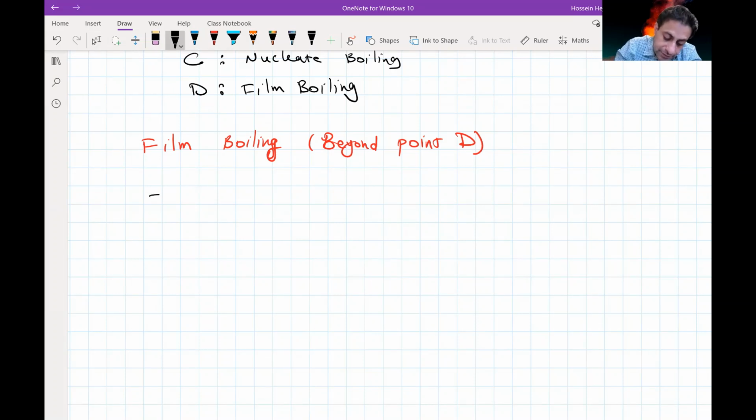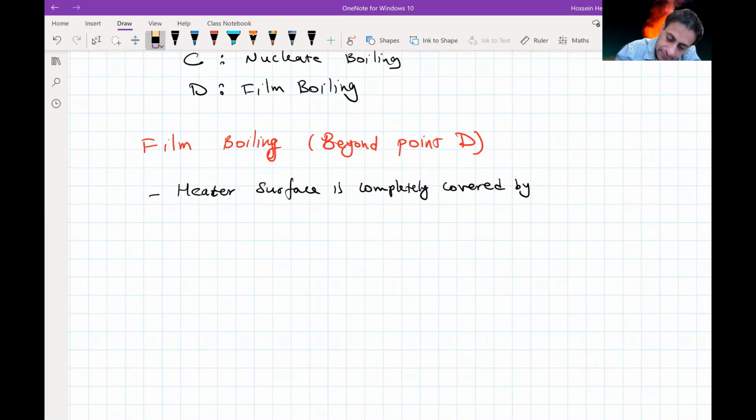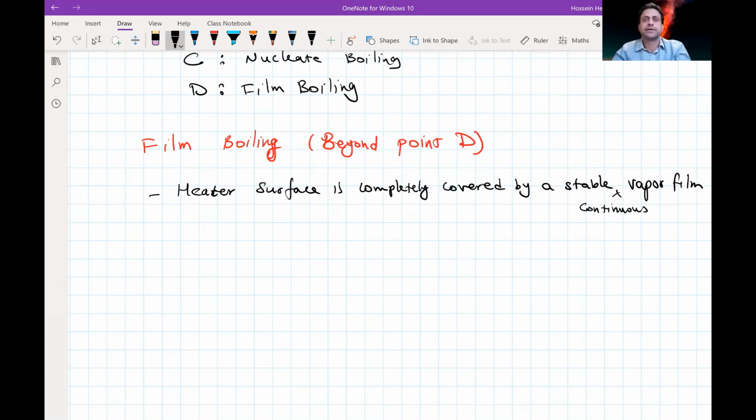Here, the heater surface is completely covered by a stable and continuous vapor film.